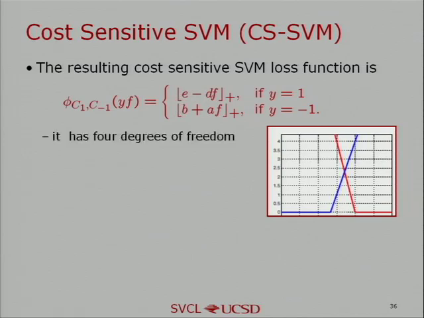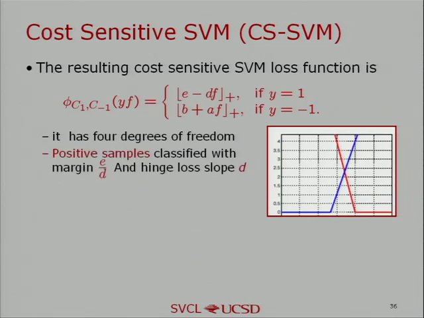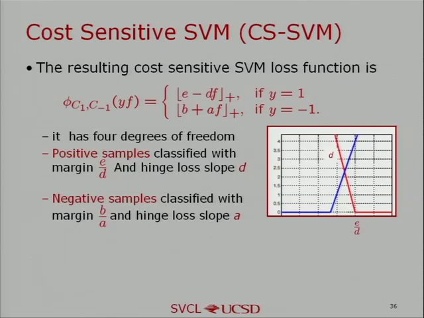So this loss has 4 degrees of freedom, A, B, E, and D. For the positive samples, basically they're assigned a margin of E over D and a hinge slope of D. So if the red line is the positive hinge loss, they get a slope of D and a margin of E over D. For the negative, you have a margin of B over A and a hinge slope of A. So the blue line is the hinge loss that's used for the negative samples.